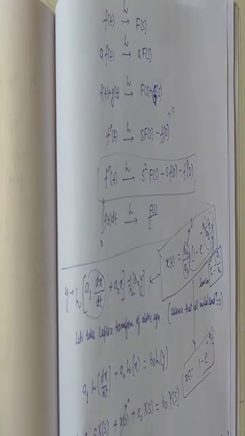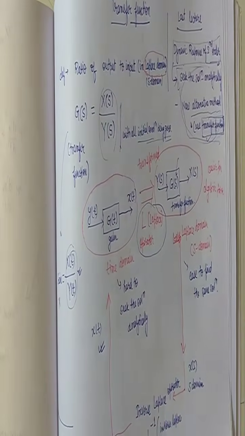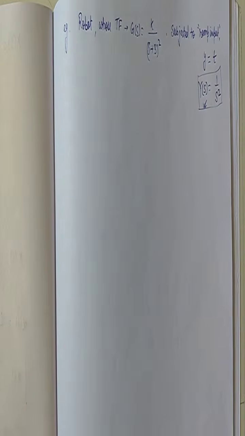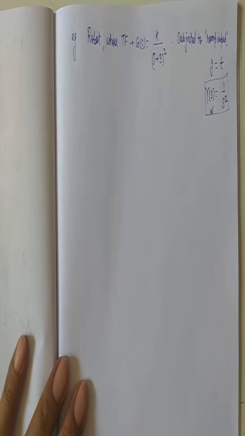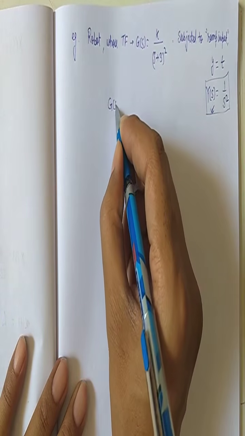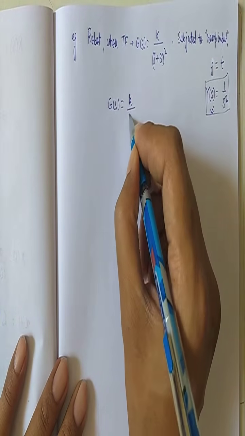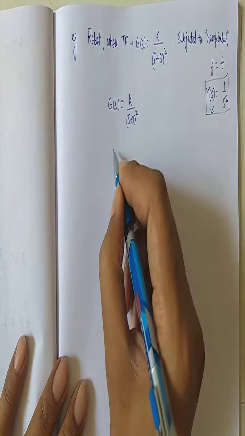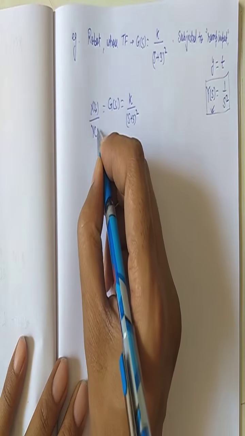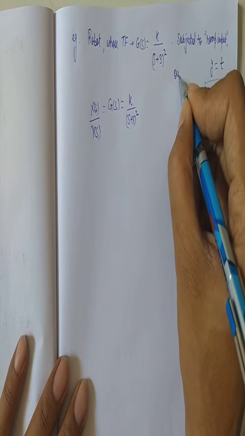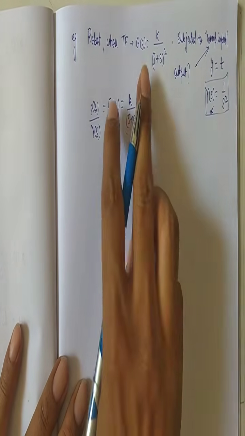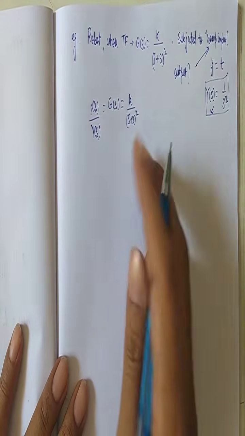You can check this in your appendix. So this Gs is k upon (s plus 3) whole square, which is nothing but Xs by Ys. I'm seeking the output of the system with this response, how this robotic arm will behave.